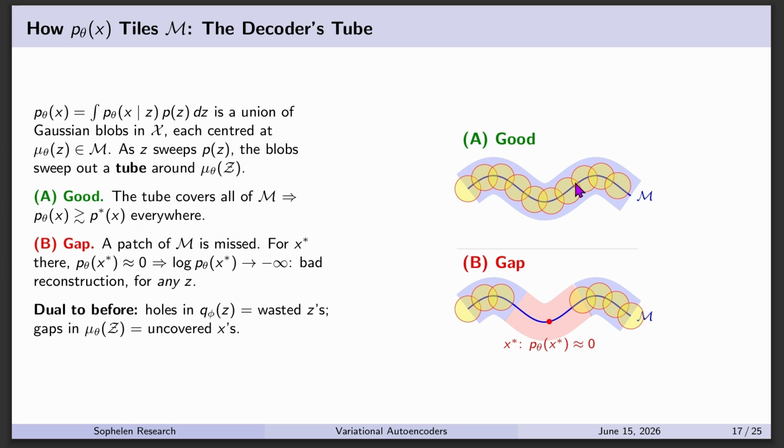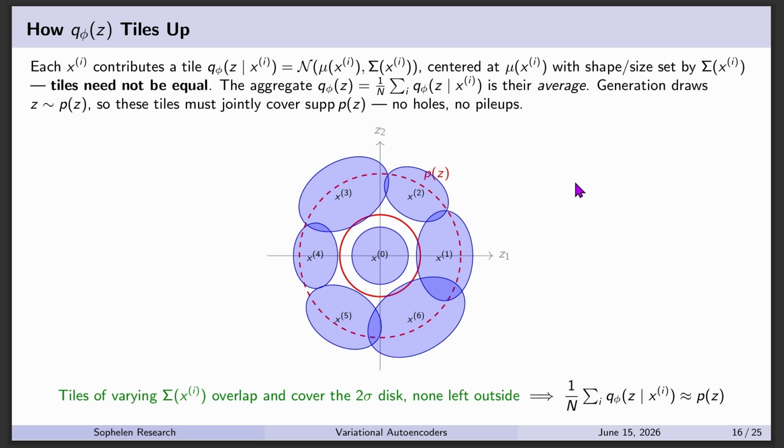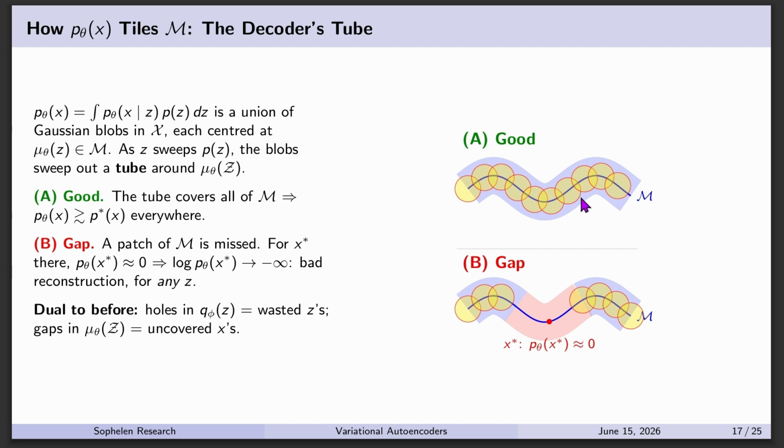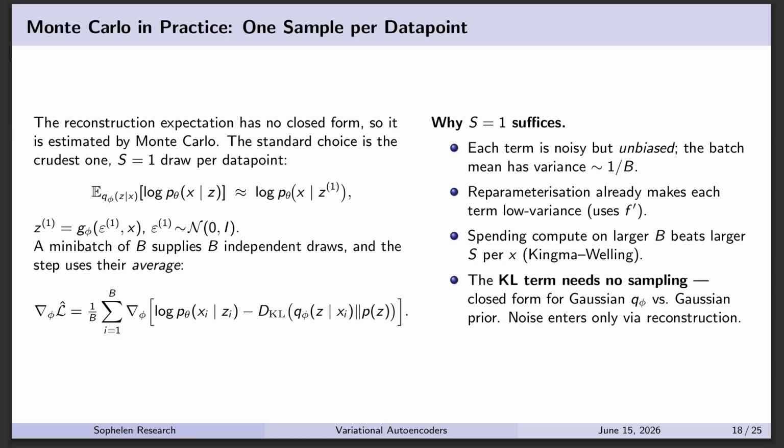The reason is that in the encoder, the KL divergence balances out or controls the size of the Gaussian blob. But for the decoder, there's nothing that can balance out that Gaussian blob. So if we allow the size of the tile to be arbitrary, then the size could go to 0.